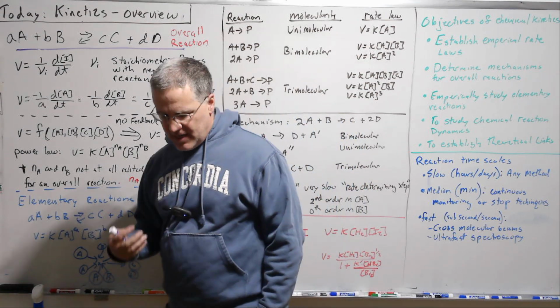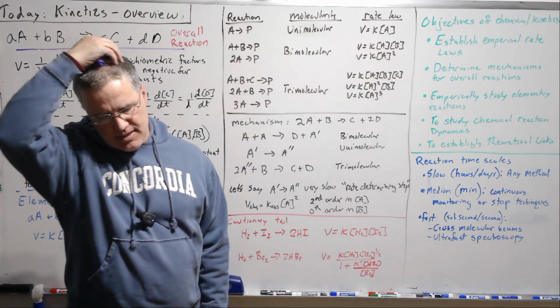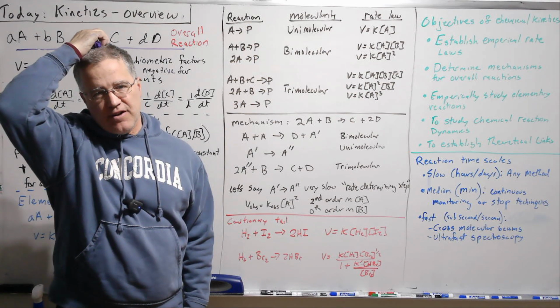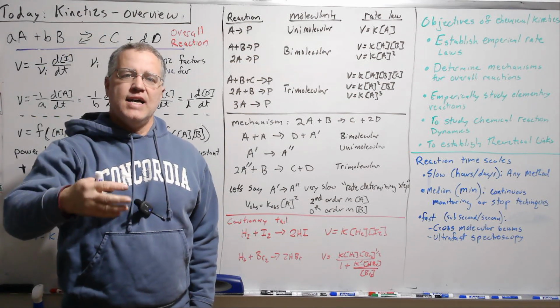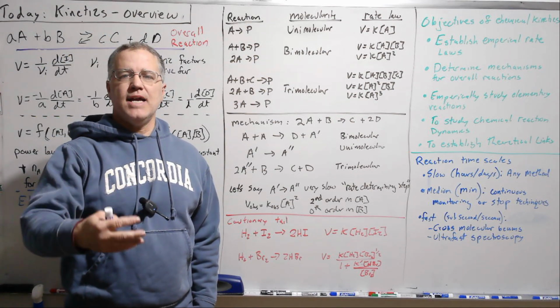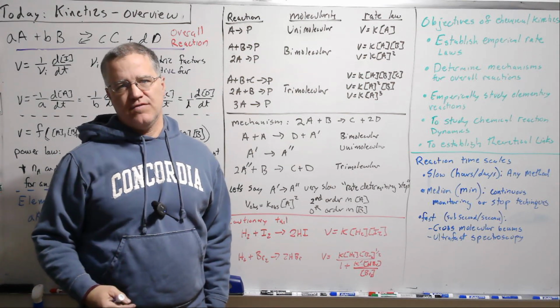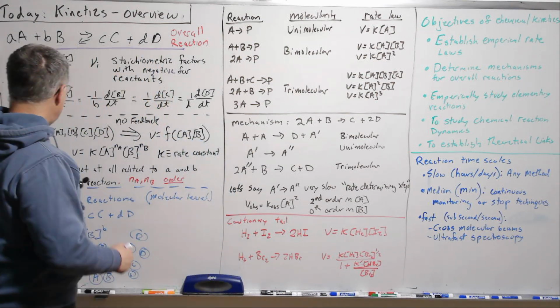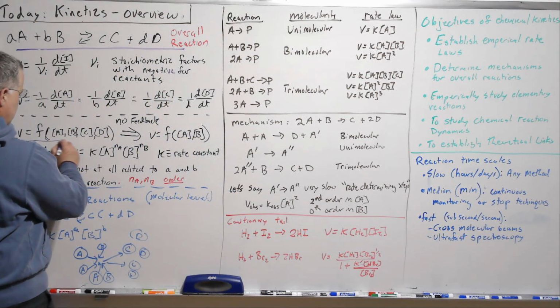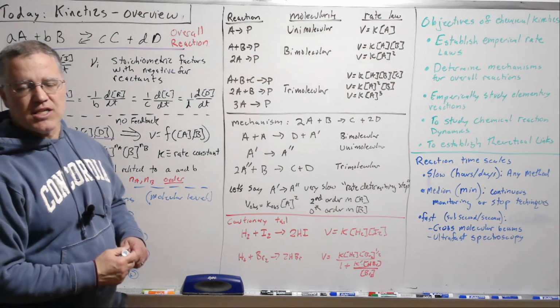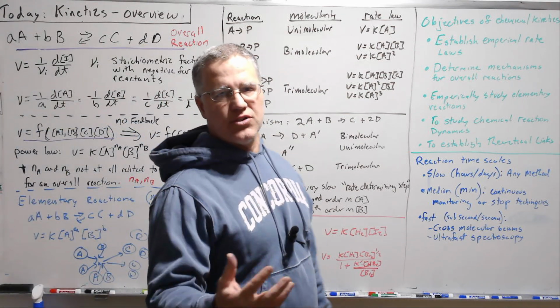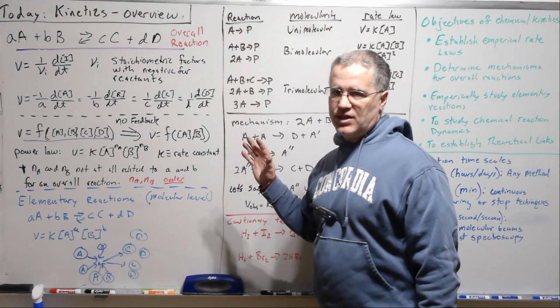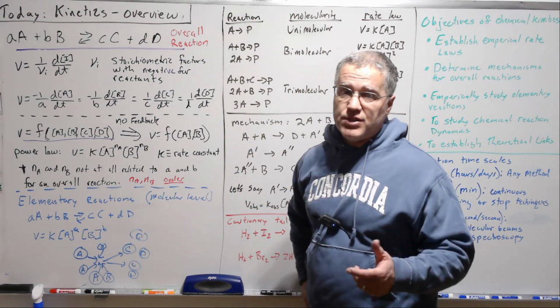Now the idea of kinetics is that we try to figure out what's called the rate law. How does this derivative depend on the concentrations of the species present? Now, to be as general as possible, it would depend on all concentrations of every species present. Also, it will depend on parameters.